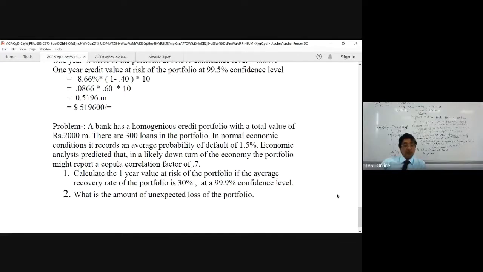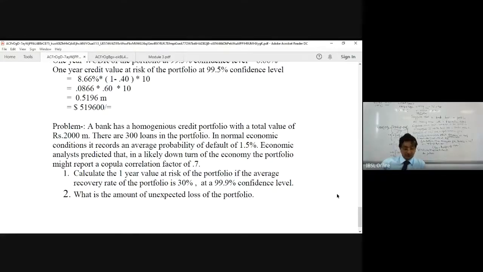Rho is 0.7, so square root of 0.7, into N to the power minus 1 of 0.999, divided by the square root of 1 minus rho.